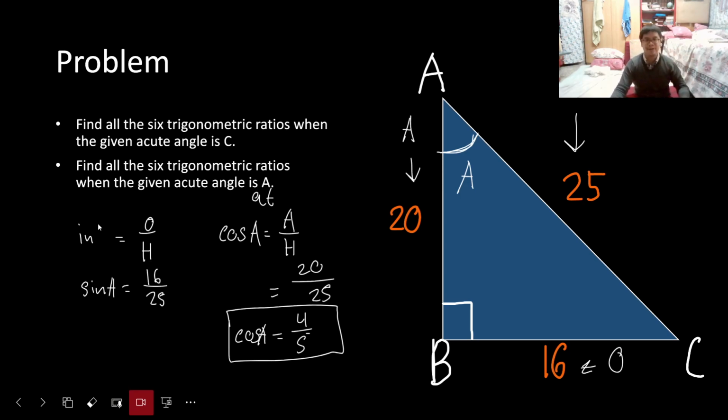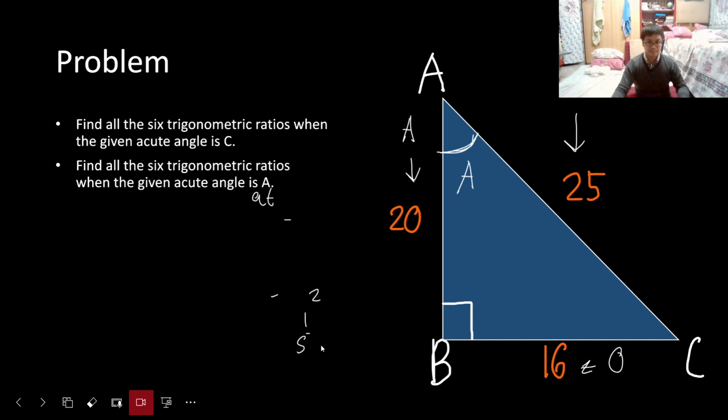So let's find the other trigonometric ratios. Next, we have tangent A. Tangent A is what again? O all over A, opposite all over adjacent.